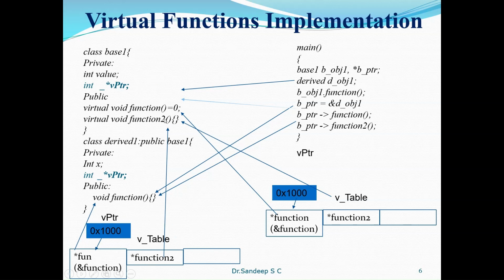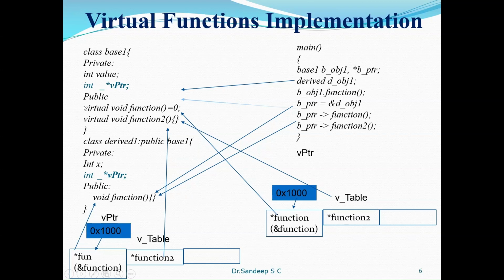Now, for the virtual functions which are there in the base class, if the derived class has an overriding function for them, then that overriding function's address will be stored in the virtual table. And if any virtual function of the base class is not overridden in the derived class, then the derived class virtual table will store the address of the base class function. I'll repeat.